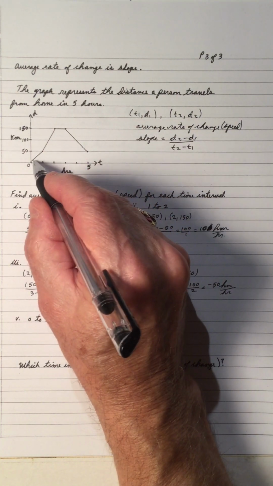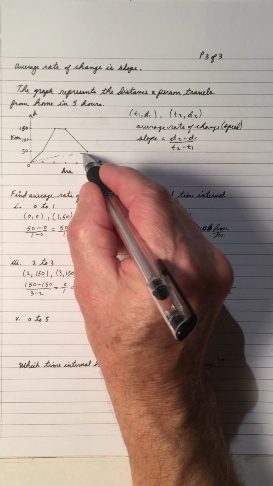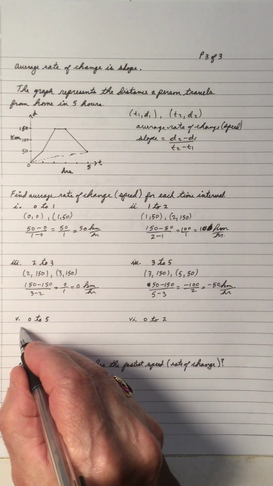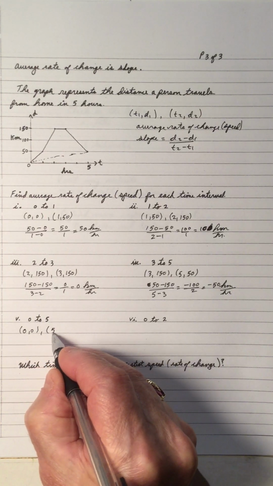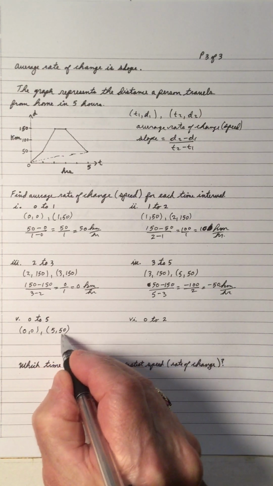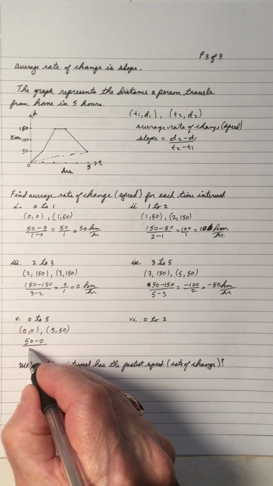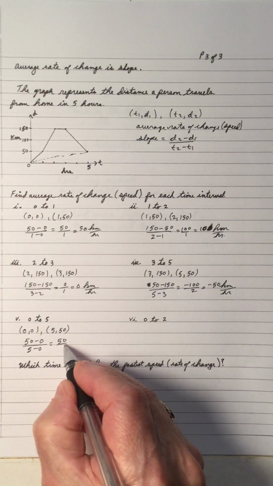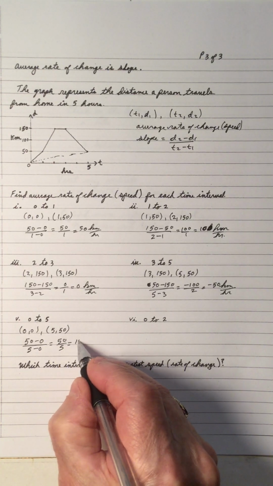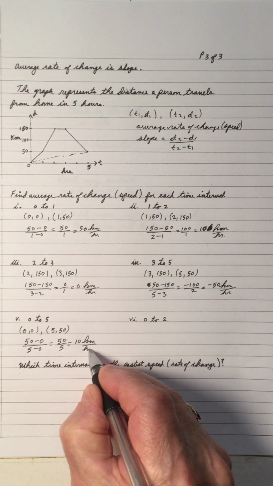Looking at the slope of this line here, 0 is a 0 and 5 is a 50. So 50 minus 0 over 5 minus 0 is 50 over 5, which is 10. So that's 10 kilometers an hour.